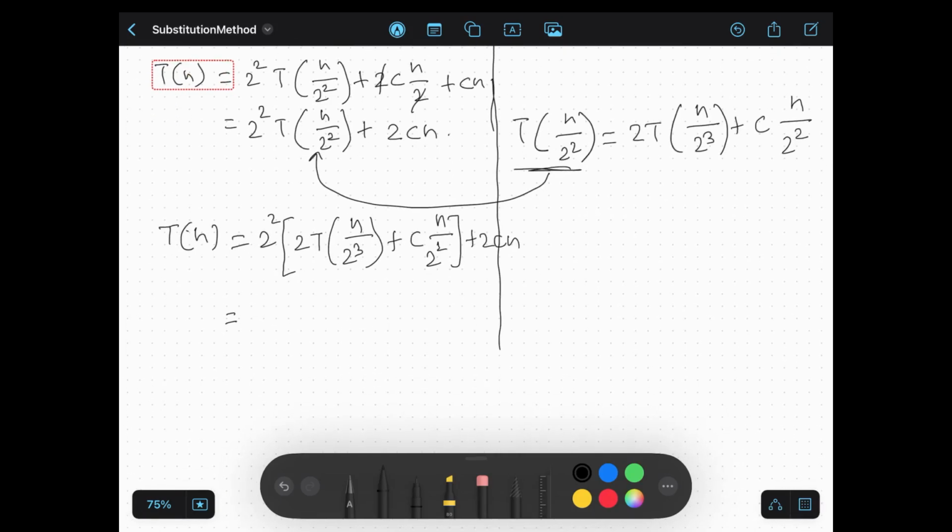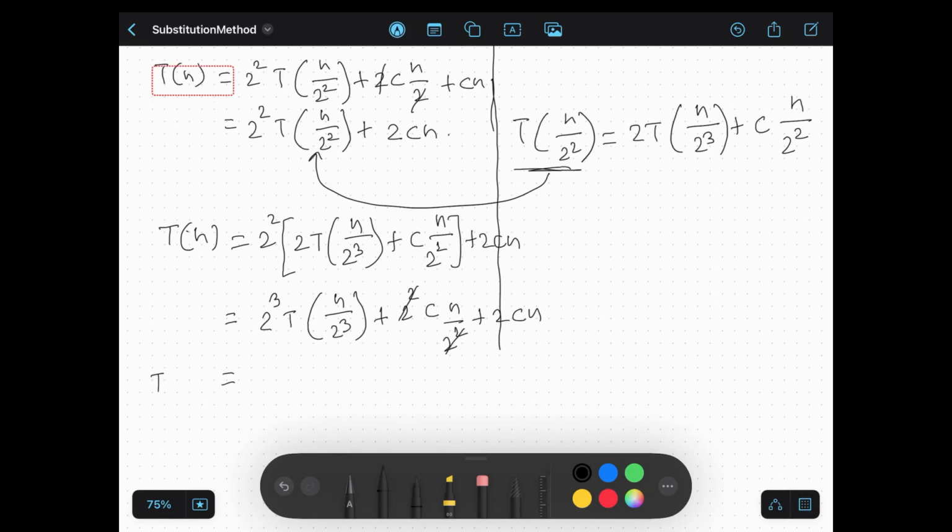Let's open, becomes this plus 2 square c n upon 2 square plus 2 cn.